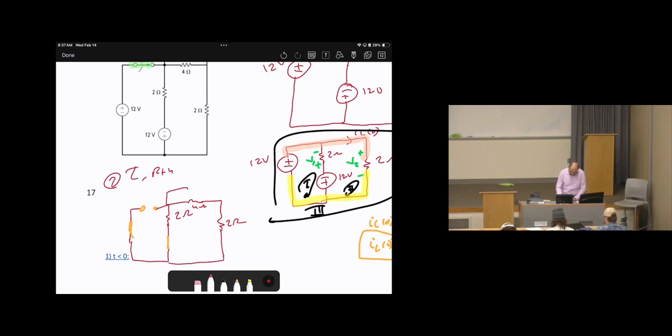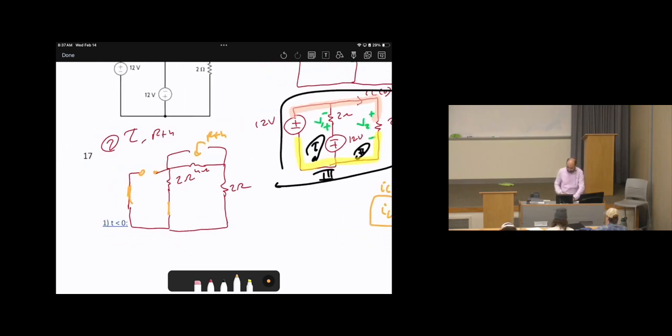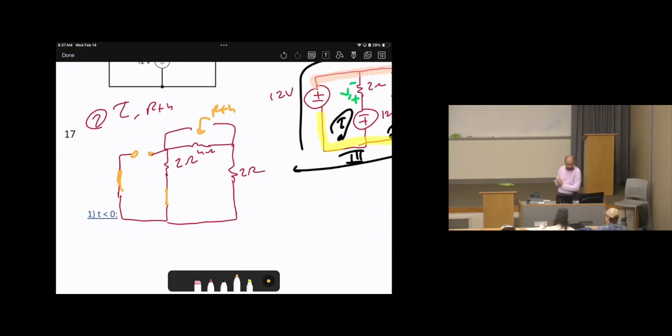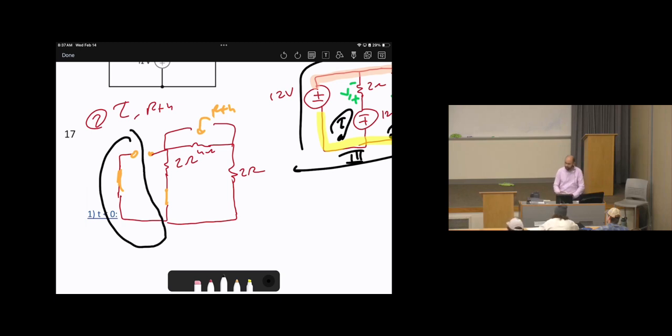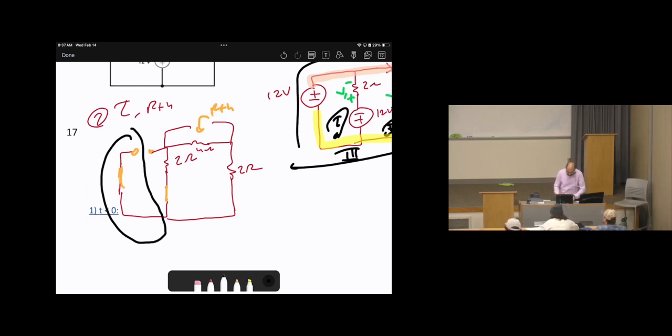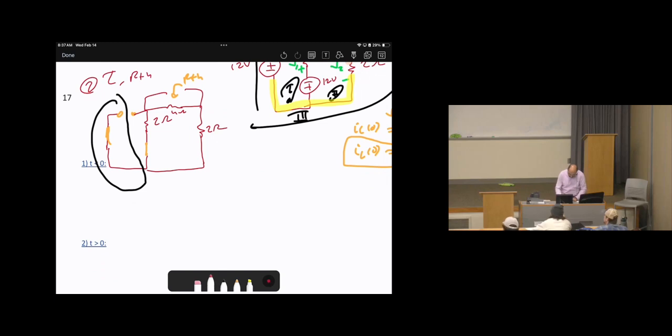Then the inductor terminals, here is where we need to calculate R Thevenin. Looking at this circuit, this branch is not needed, right? It's open and there is no element on it. So to make it easier for us, I'm going to redraw it and put just the most important parts.